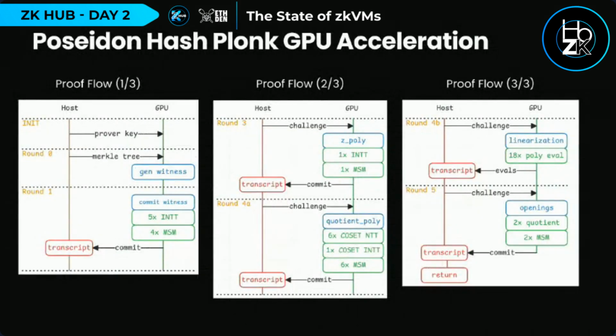So let's look at the proof flow. On the left is the host compute procedure. On the right is the GPU compute procedure. As you can see, the key technique here is to move every compute to the GPU.